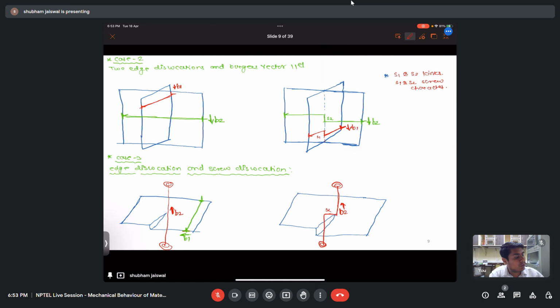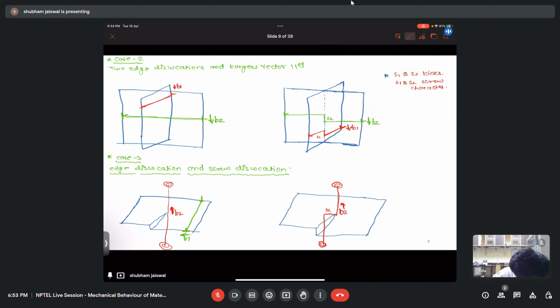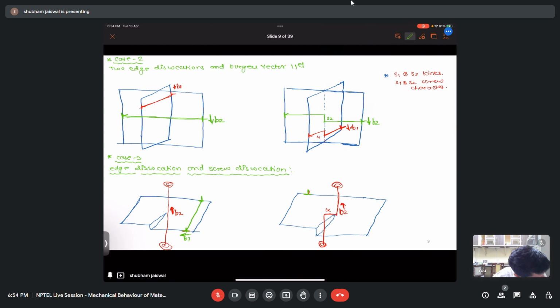And similarly, when the dislocation 2 intersects with the dislocation 1, it will create a step in this one. Sorry, let me change the color. In this case, it will change the plane.